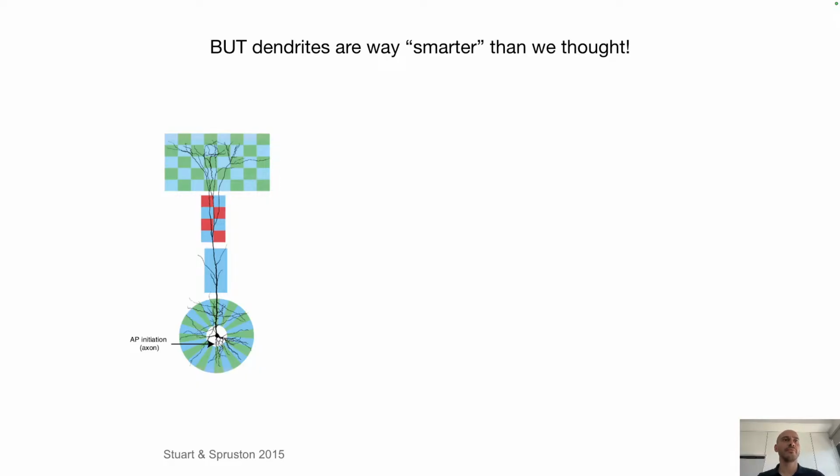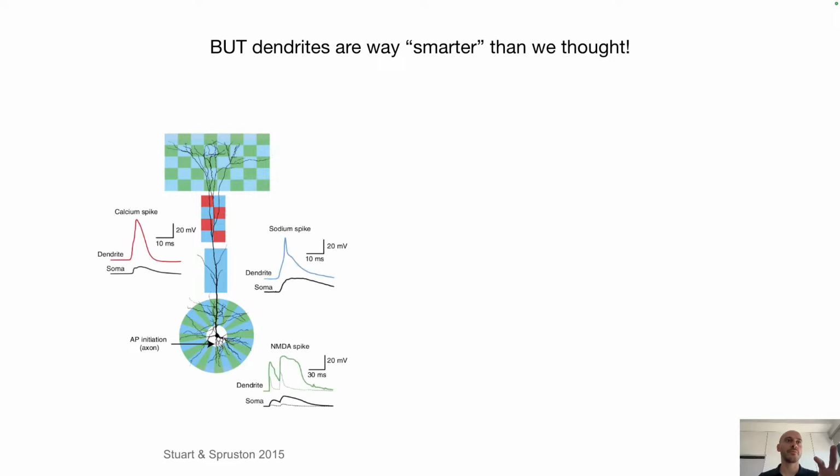Here is an example of a CA1 pyramidal neuron, and with the color code, you can see different mechanisms that exist in different parts of the dendritic morphology. Like the soma, dendrites can generate spikes, but unlike the soma, they're much more heterogeneous.